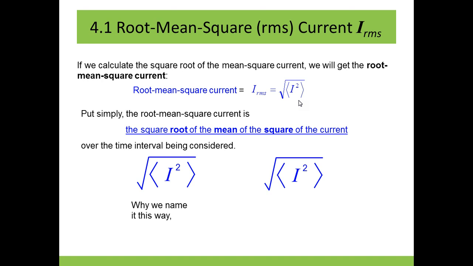So although we say it as a root mean square current, what we really need to do is to do it this way, by taking the current, squaring it, taking the mean, and then rooting it. Alright?